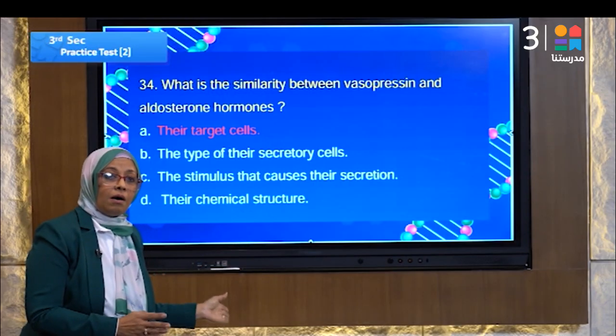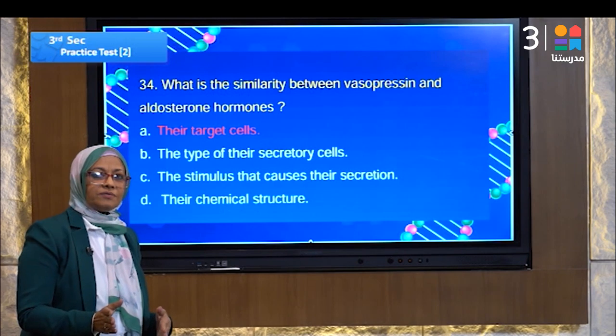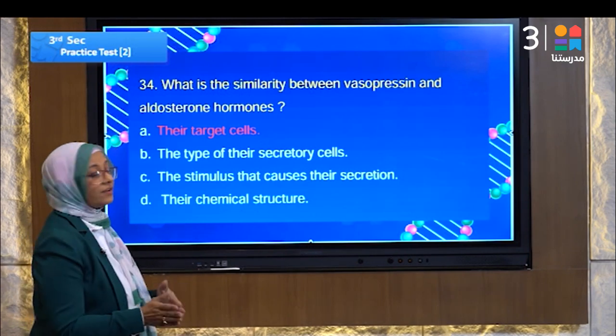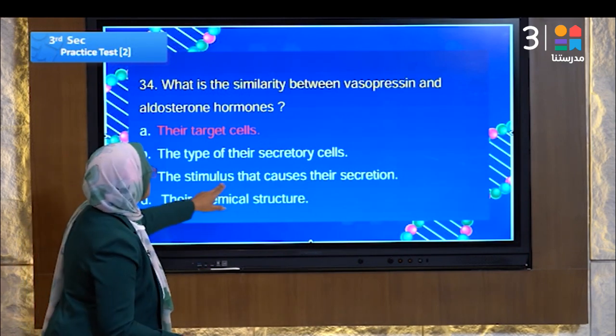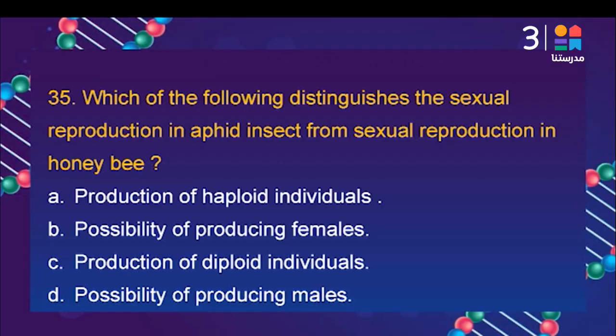Each of them has an effect on another type of cell, which has a different effect. Let's go to 35. Which of the following distinguishes the sexual reproduction in aphid insects from sexual reproduction in honeybees? There are 2 types of insect.